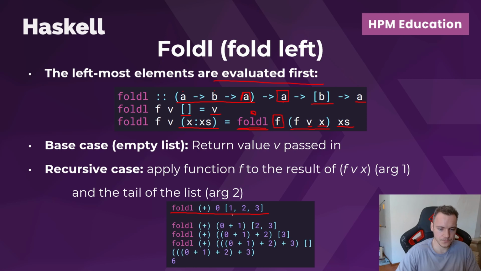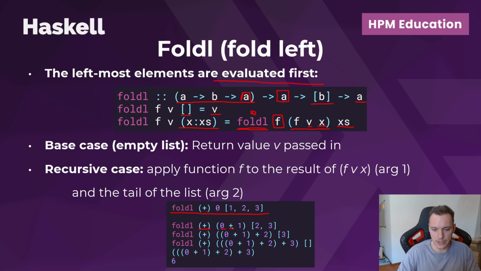of 1, 2, 3. So on the first iteration, when we apply f v and the list of 1, 2, 3, we will get back foldl again, right? Foldl recursively called on the function f, so that's our plus, and then the result of f v x, and in this case we can write 0, which is v, the starting value.